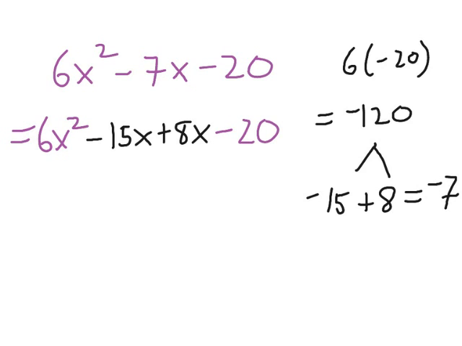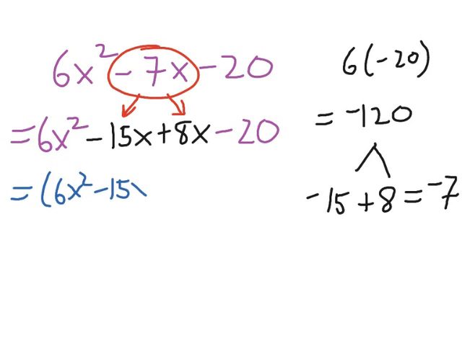So you see what we did. We rewrote the negative 7x using 2 pieces. And the reason we do that is now we have 1, 2, 3, 4 pieces. When we have 4 pieces, we can use our factor by grouping. So I group them: 6x squared minus 15x, plus 8x minus 20.